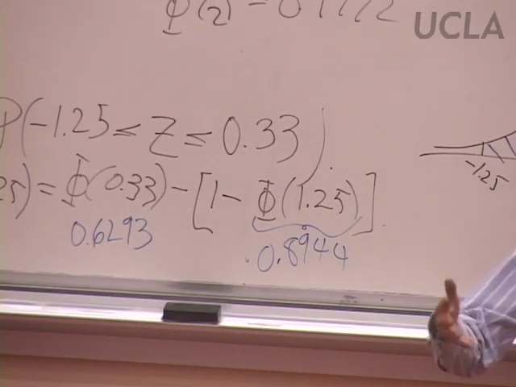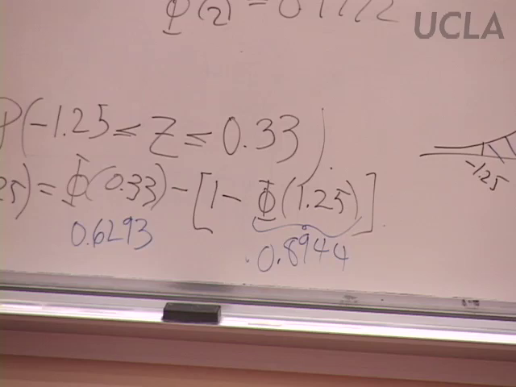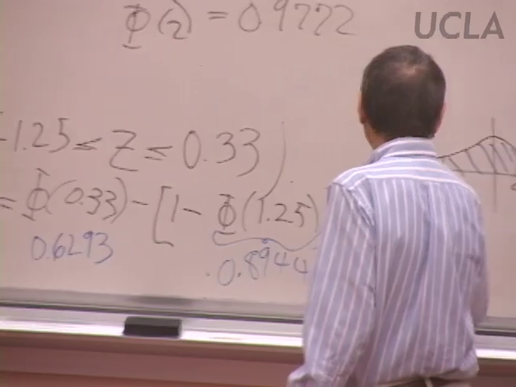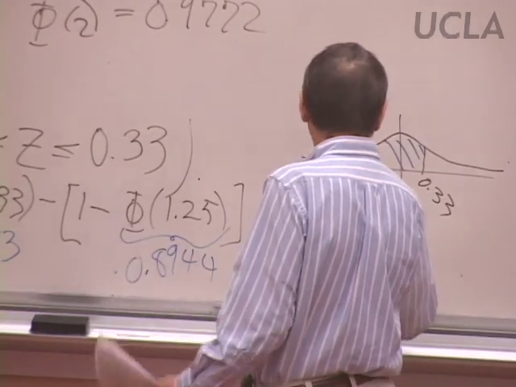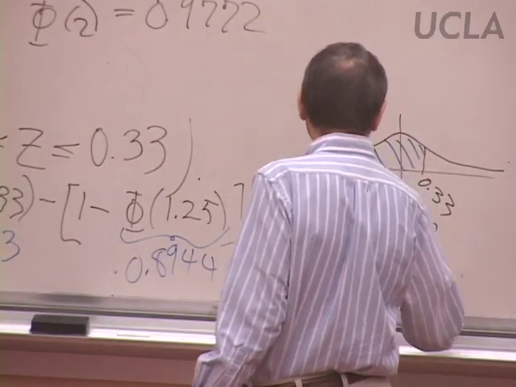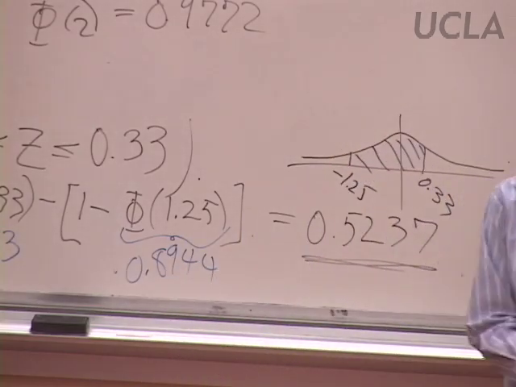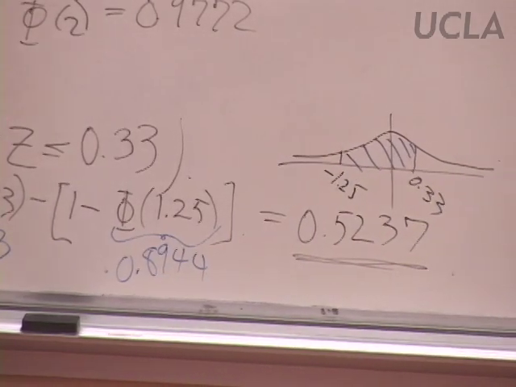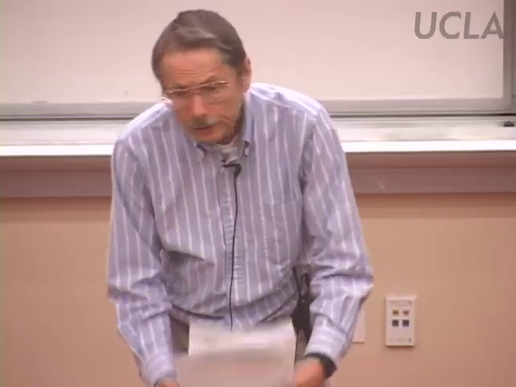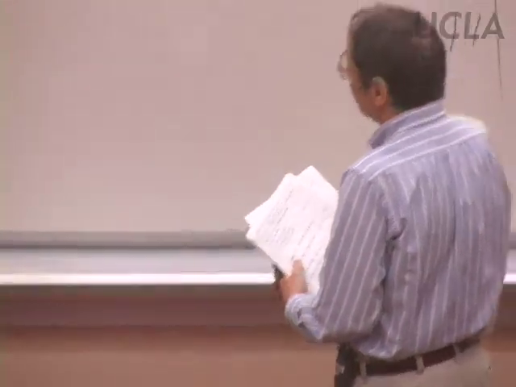Then we do the arithmetic, addition and subtraction. We get a little bit more than a half. So our table lets us do the problems we want with the cumulative distribution.